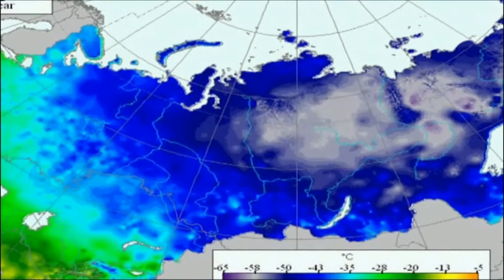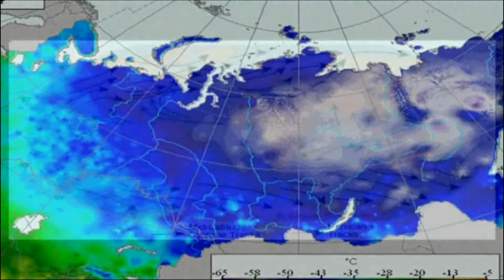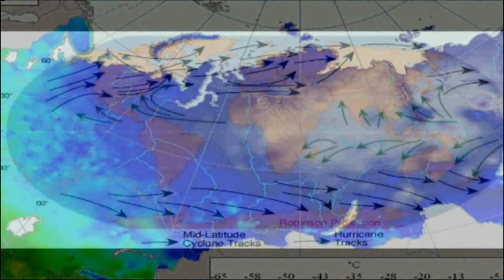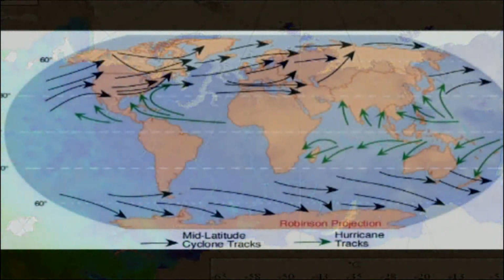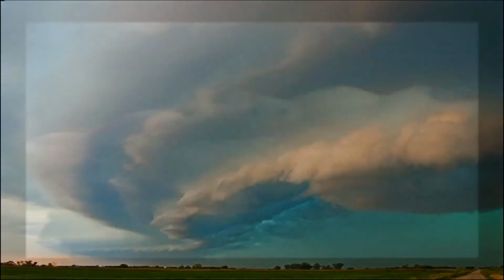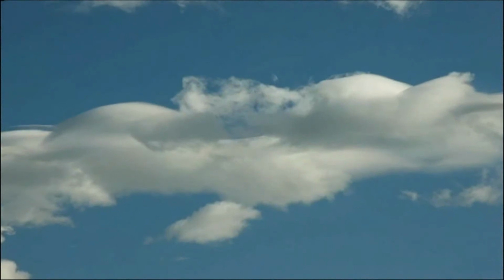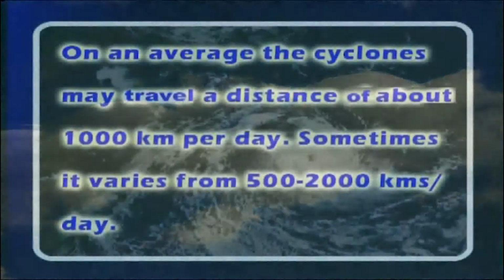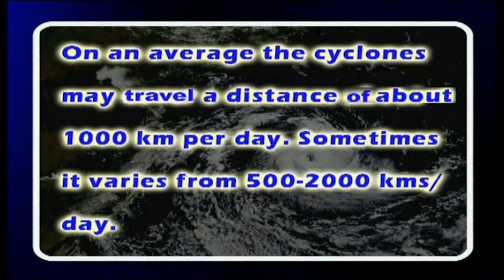Most of the cyclones and anticyclones in the westerly wind belt move from west to east. The weather forecasting observers look to the west in predicting the weather. On average, the cyclones may travel a distance of about 1000 kilometers per day.